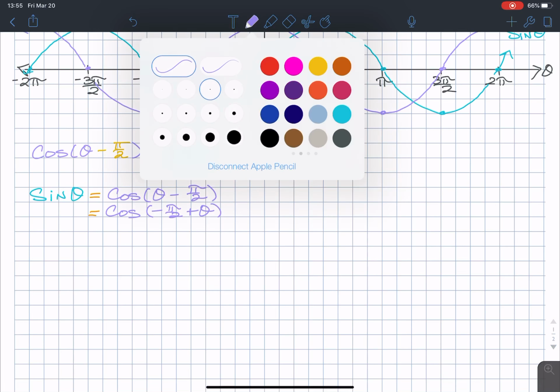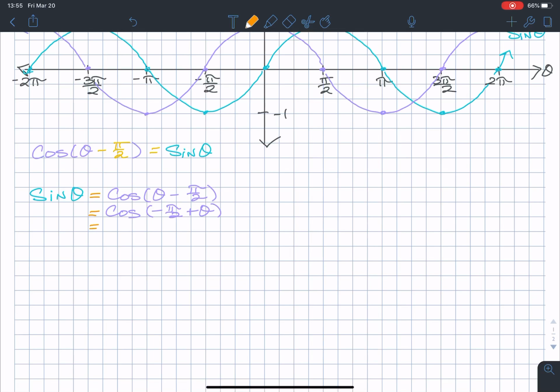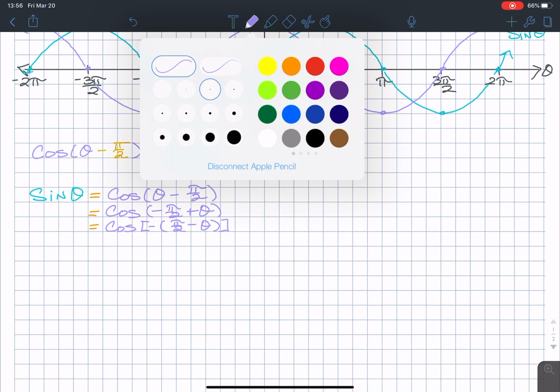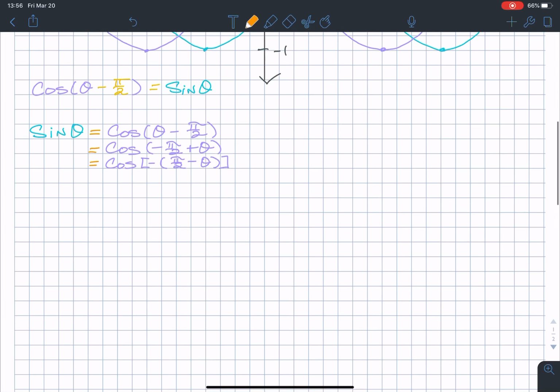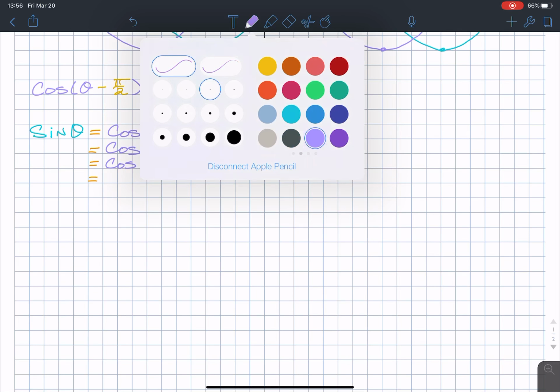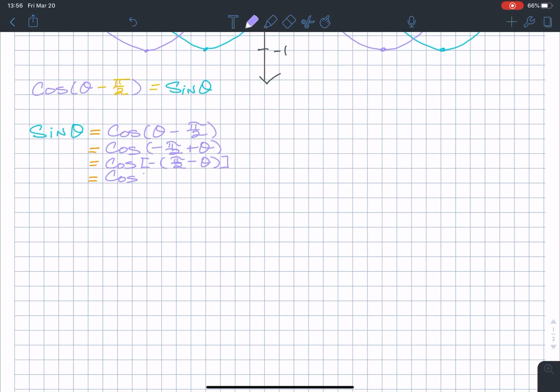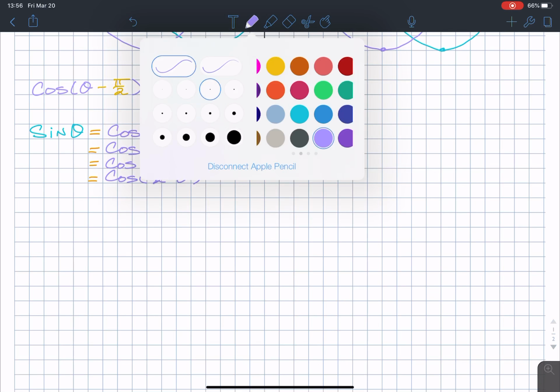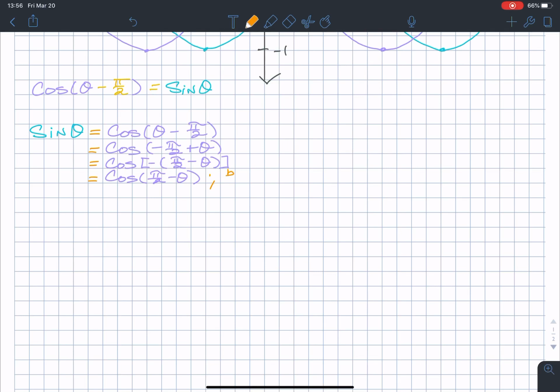And now I'll factor out a negative from the argument of cosine, because cosine is even, right? So if I factor out a negative, this becomes negative the quantity, pi over 2 minus theta, which, because cosine is even, is equivalent to cosine of pi over 2 minus theta.